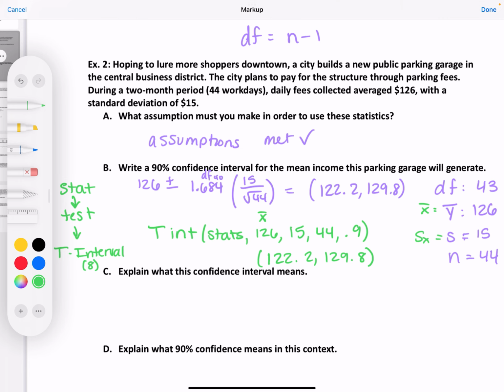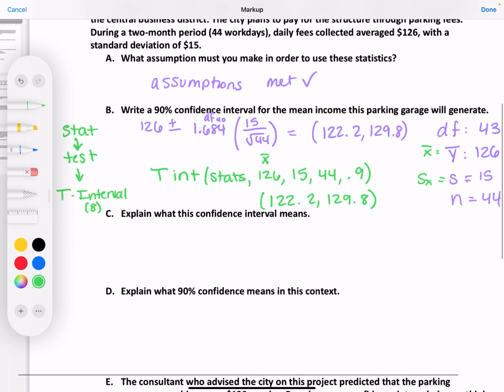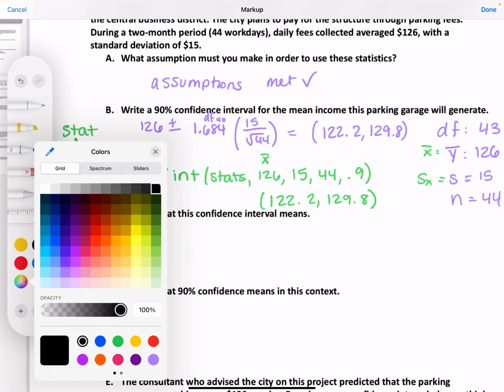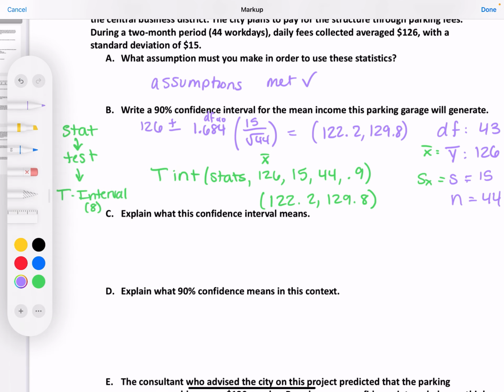All right, so we want to explain what this confidence interval means. So we're back to the based on the sample. I'm serious.